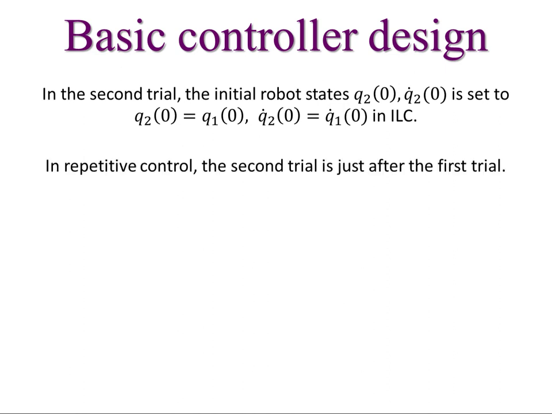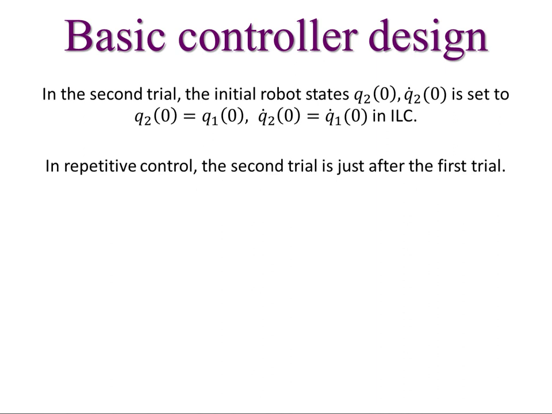In repetitive control, the second control trial starts immediately after the first control trial. Therefore, the joint angle and velocity at the initial time of the second control trial will be those at the end of the first control trial.